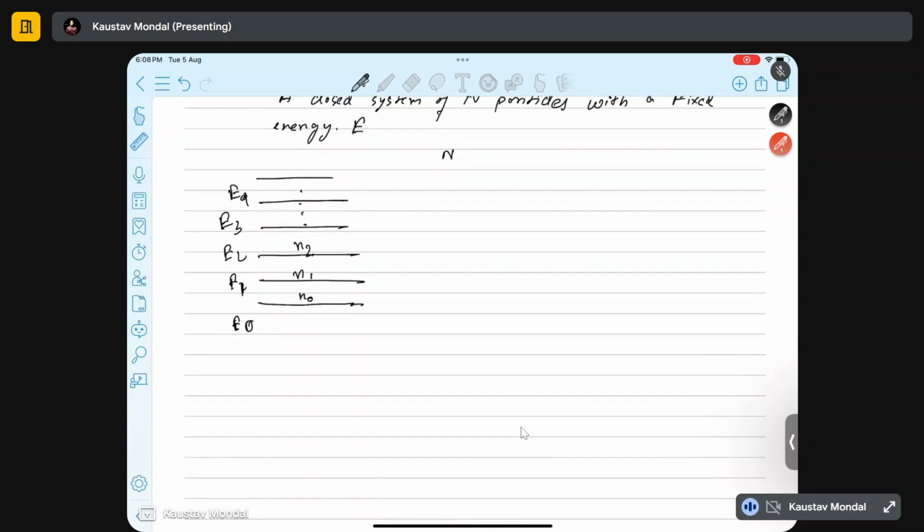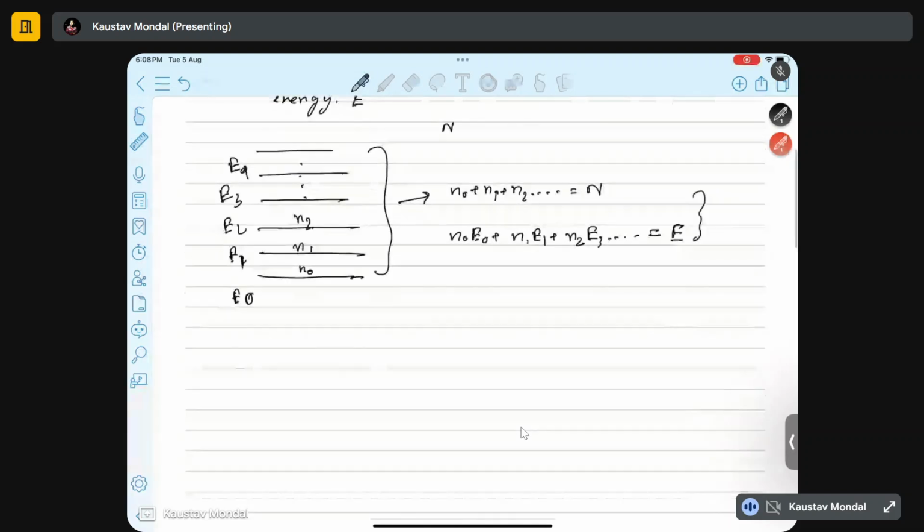So the total number of particles is N, which is constrained, and the total amount of energy is fixed in the system. So these are the two constraints that exist in our system.